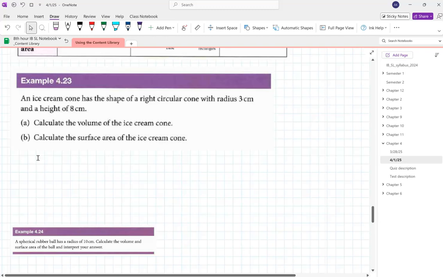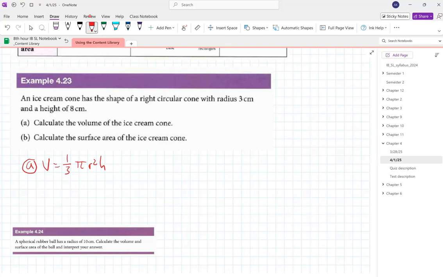Example 4.23 says an ice cream cone has the shape of a right circular cone with a radius of 3 centimeters and a height of 8 centimeters. Calculate the volume of the ice cream cone. Well, if I go back upstairs, I see that the volume is 1/3 pi r squared h.